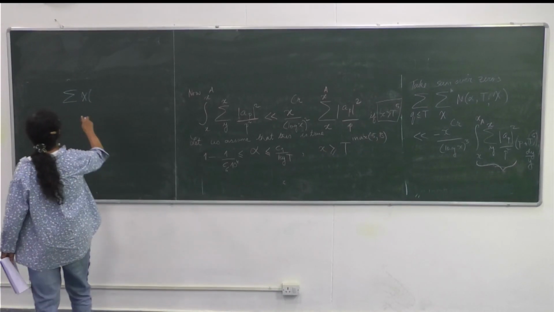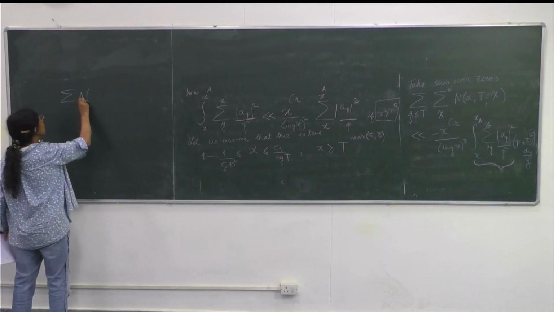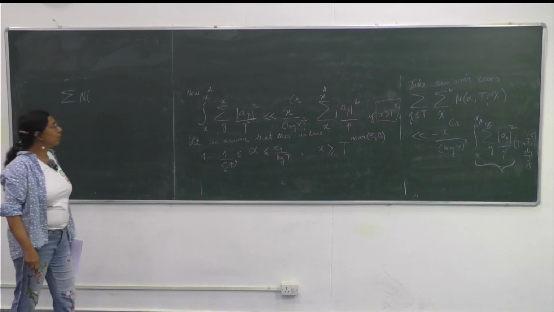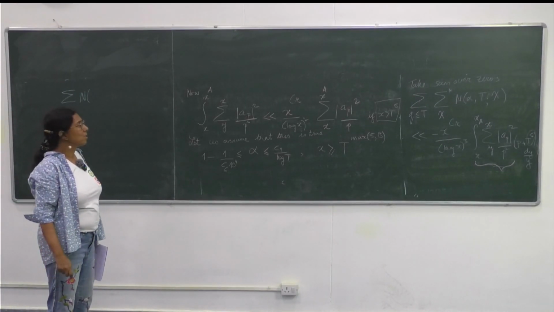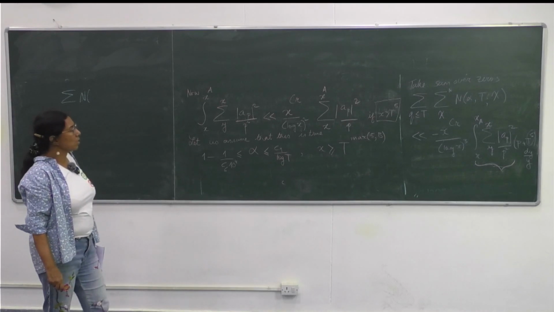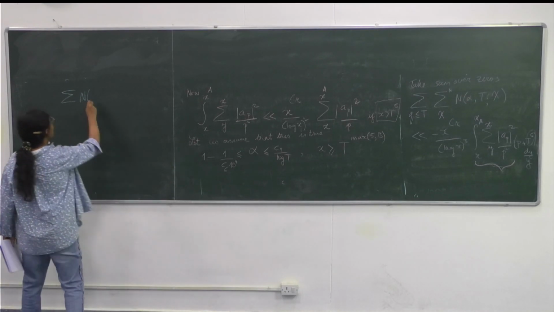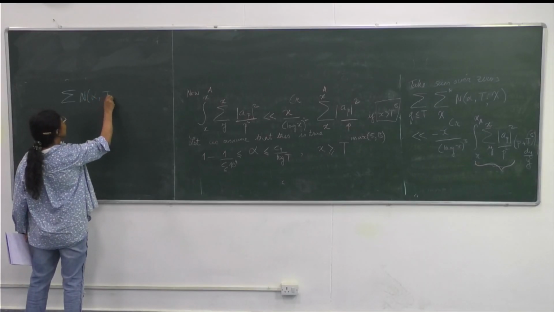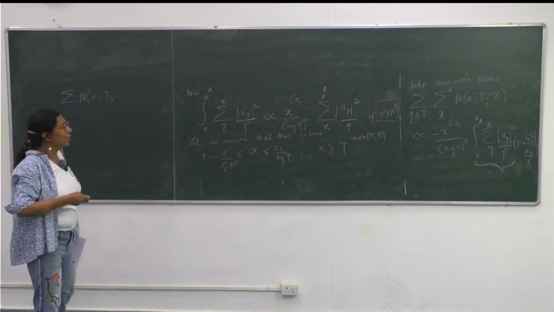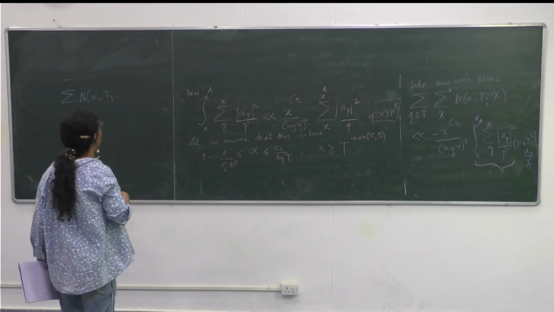No, it's not chi of, it's n of number of complex zeros. So alpha, t, and chi. Okay.